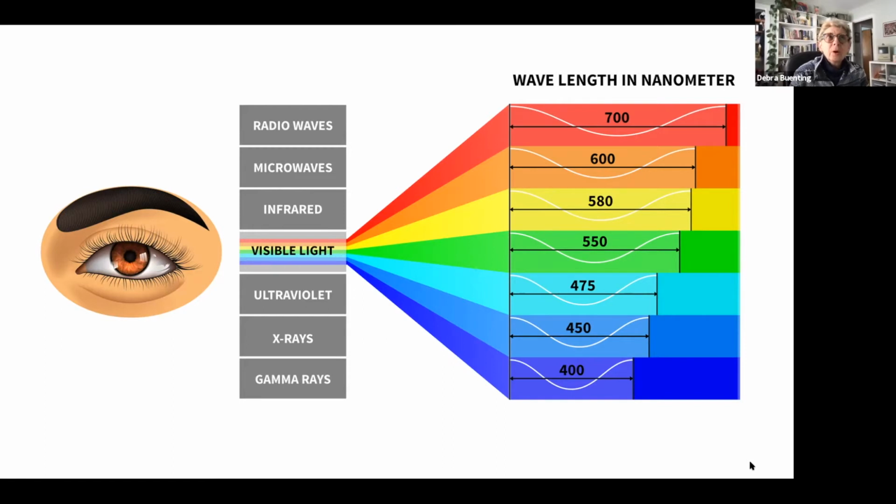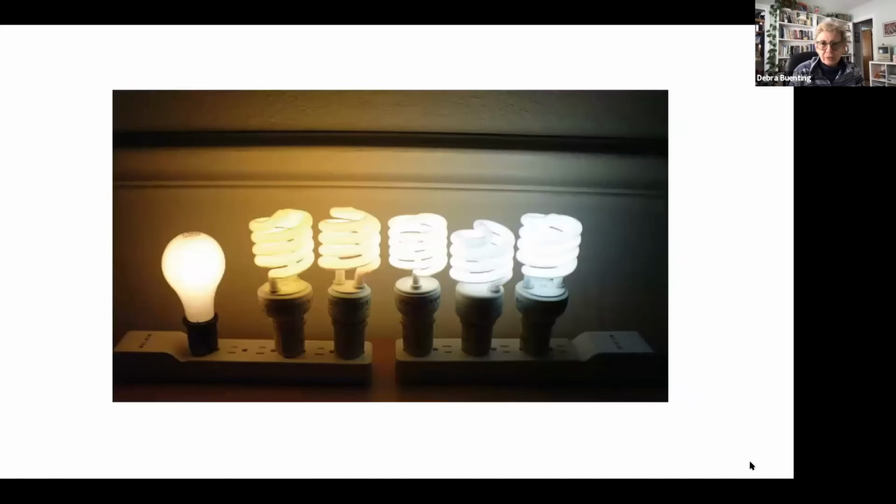Probably without thinking about it, you notice the difference between different kinds of light. So let me talk about these. One of the ones that you've probably noticed is light bulbs in your house. You can actually buy light bulbs these days that are either cool and what they call daylight, or they're warm and more like the old incandescent lights we used to use back in the day.